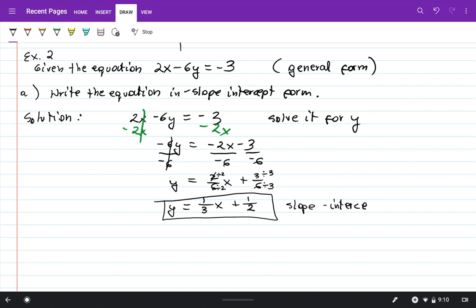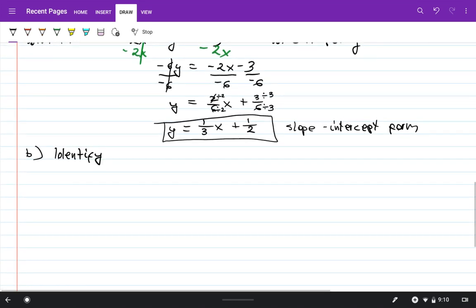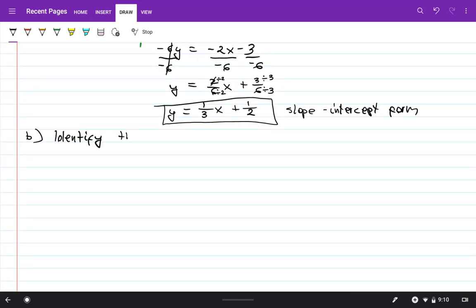Okay, so now when we have slope-intercept form, part B of this problem will be to identify, like before, the slope and y-intercept.